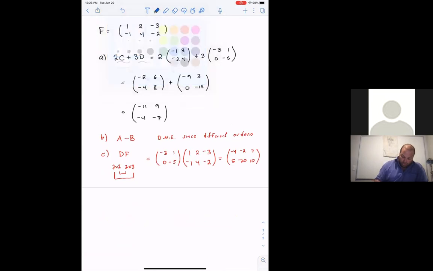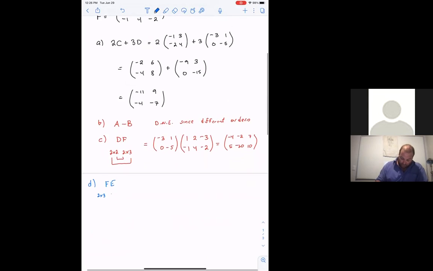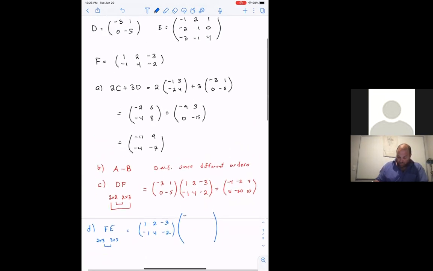Moving on to part D. It says FE. So F is 2 by 3. E is 3 by 3. So I am allowed to multiply them. 1, 2, -3, -1, 4, -2 times E, which is -1, 2, 1, -2, 1, 0, -3, -1, 4.